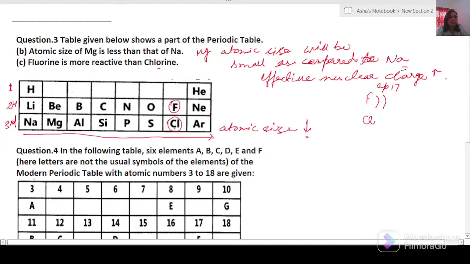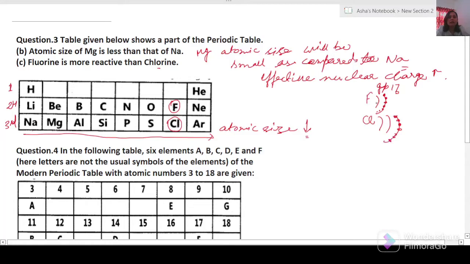Chlorine is in the third period, so it will have 3 shells, 1, 2, 3. The group is 17, that is it will have 7 valence electrons, 1, 2, 3, 4, 5, 6 and 7. Here also 7 valence electrons will be there, 4, 5, 6, 7.